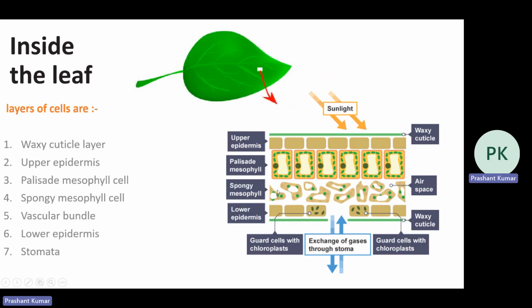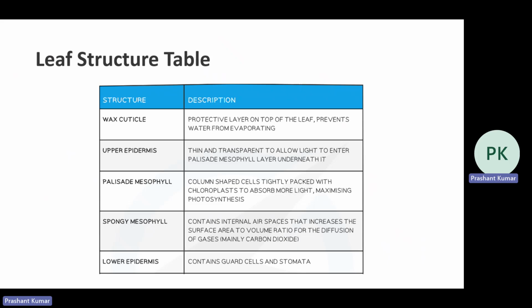Okay, let's go to the next slide. Now we'll see the function of each part, what the wax cuticle does. The wax cuticle is a fat layer, or you can say lipid layer. It has one function: to protect the layer and prevent water from evaporating. We know that water evaporates during the daytime, so to minimize the water loss there is a wax layer.